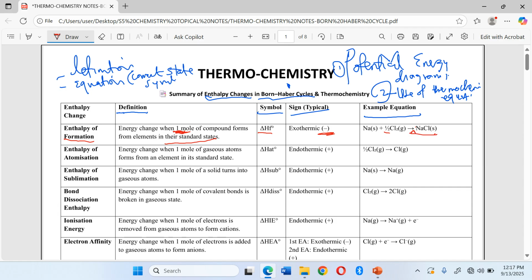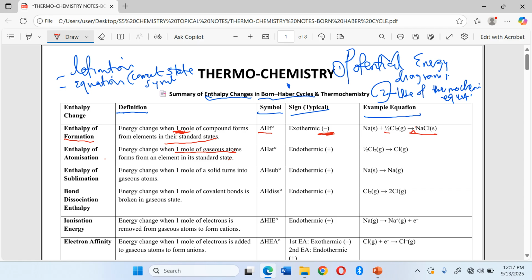Then we have enthalpy of atomization. This is the energy change when 1 mole of gaseous atoms forms from an element in its standard state. Now, here they're saying when 1 mole of gaseous atoms is formed from the element in its standard state.